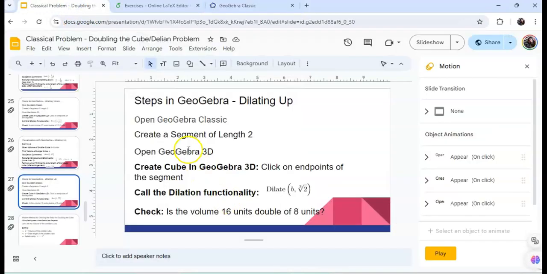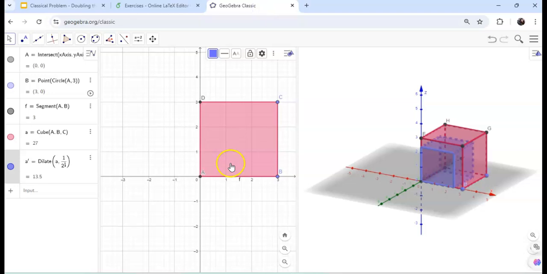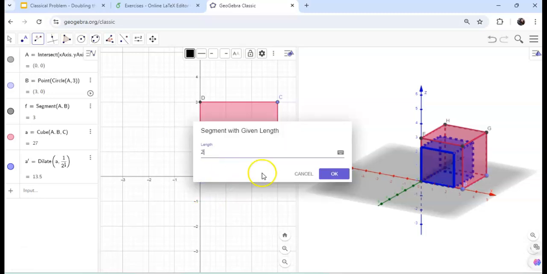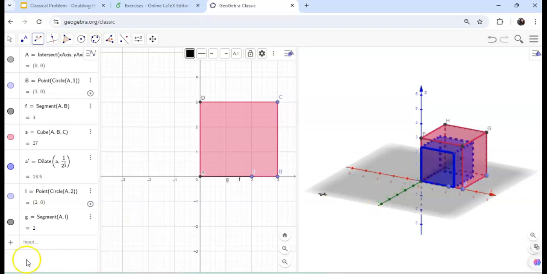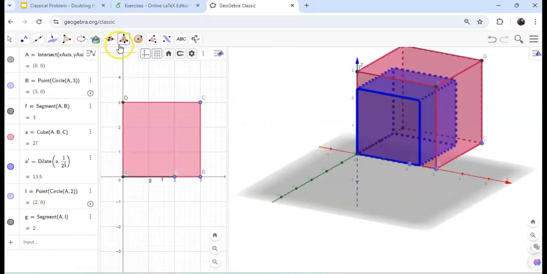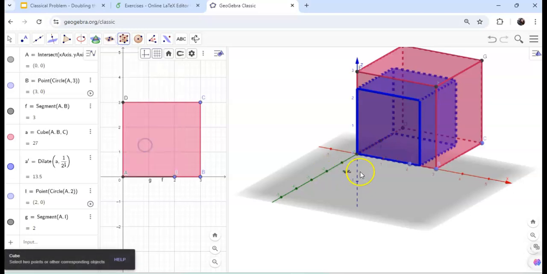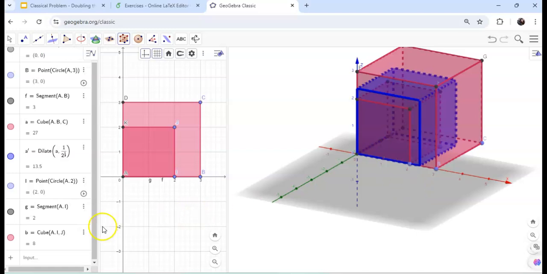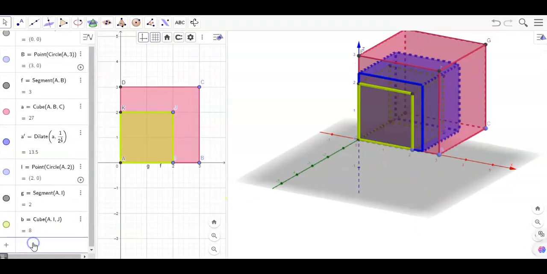Alright, so first we're going to create a line segment of length 2. So we say segment with given length, and then origin, and then 2. And now here in 3D, we're going to create a cube. So click here, and then the line segment. Okay. And so we're ready now to dilate up.